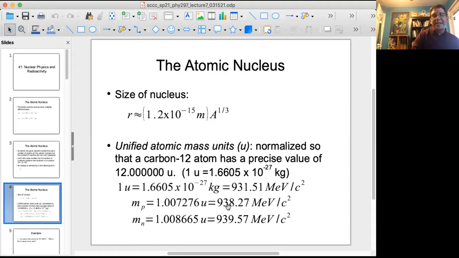Again, there's a slight difference in the mass of the neutron compared to the mass of the proton. But these are a couple of conversion factors that are worth knowing depending on what quantities you're looking at evaluating. If you're talking about mass, you're probably working with mass units or with kilograms. But if you're talking about energy exchanges, it's usually more convenient to work with the mega electron volt per c squared units.